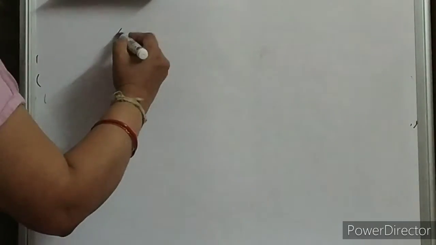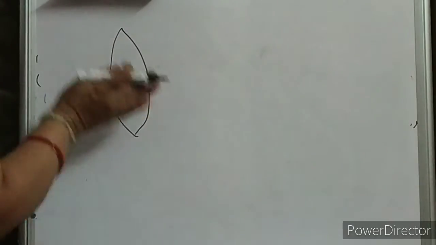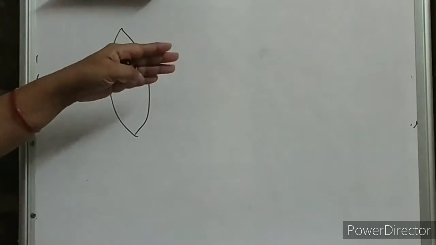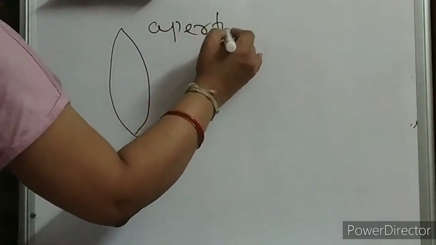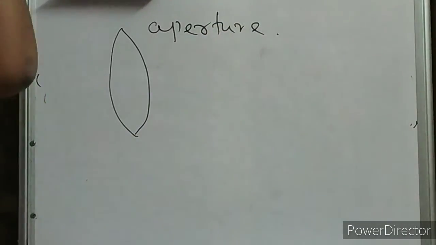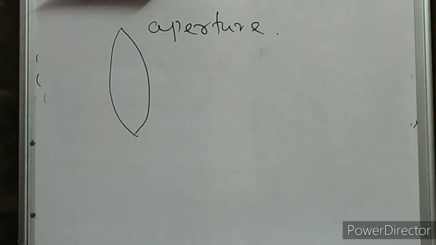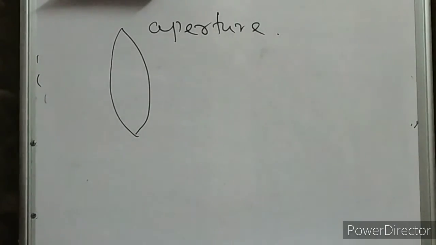One more thing. What is aperture, children? Suppose this is your lens. In the case of a spherical mirror, we have also discussed aperture. That is the entire reflecting surface area of the mirror.